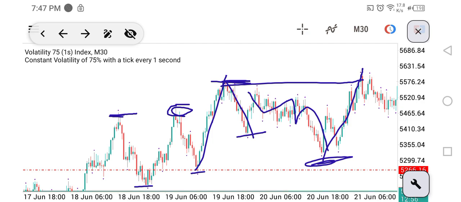Okay, so for today's practical exercise, we are going to be doing, just open any chart of your choice, right? Identify one area of equal highs, equal swing highs, and one area of equal swing lows.